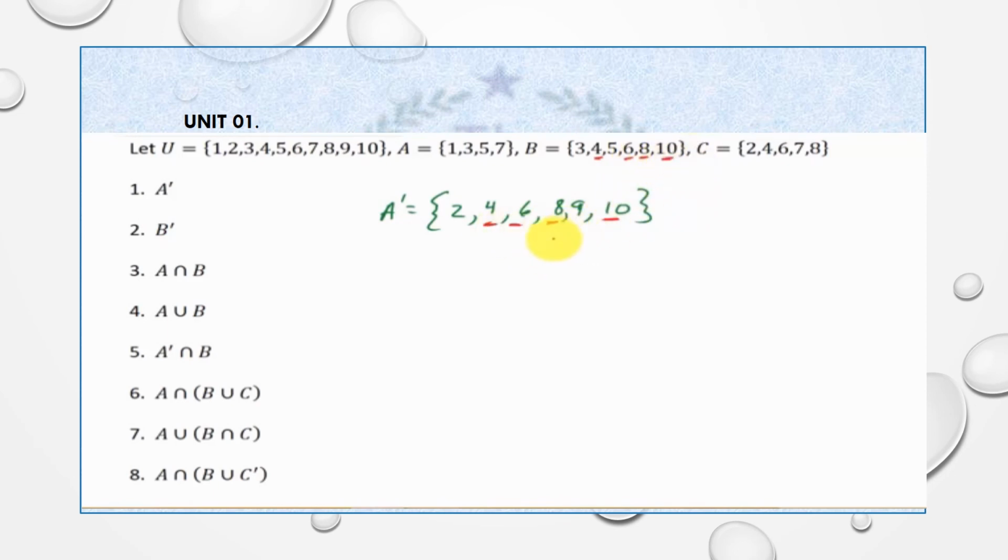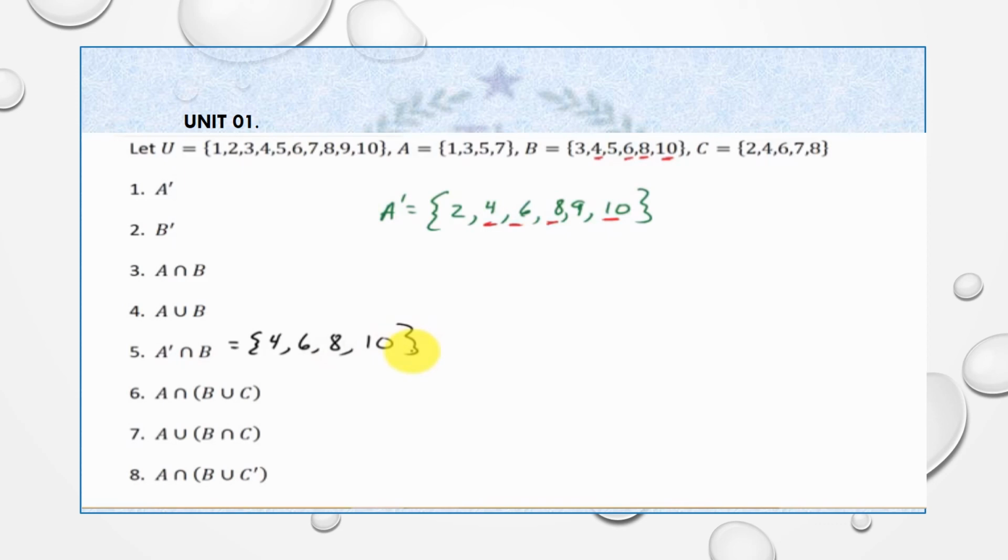Those are the values they have in common. So this set would be 4, 6, 8, 10. And so there's A complement intersect B.